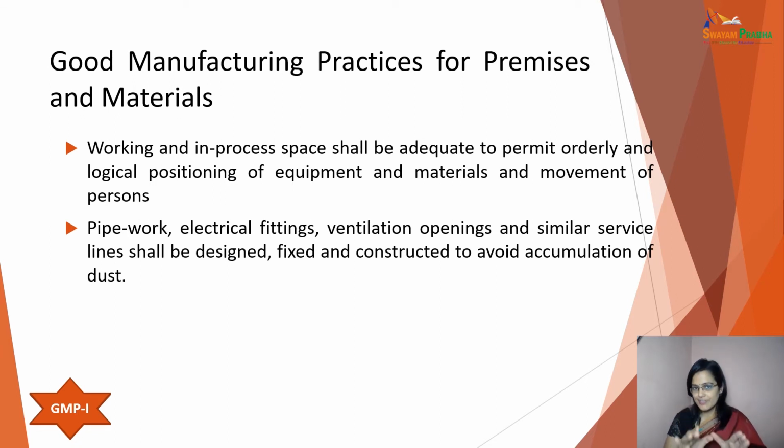These are general guidelines, but when we talk about specific guidelines, such as for the production of parenteral dosage forms or solid dosage forms, these guidelines may vary a little depending on the type of manufacturing product we are going to discuss.